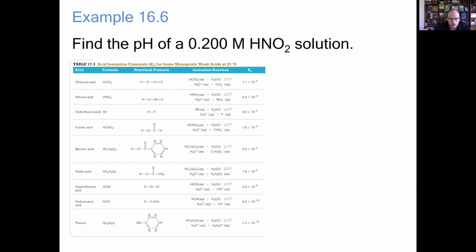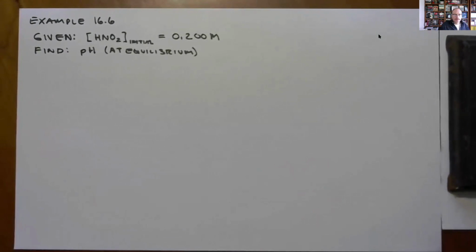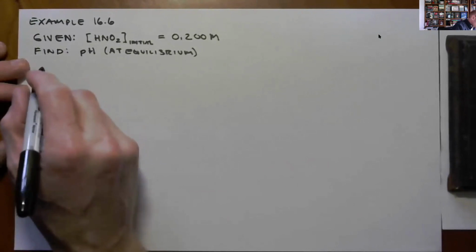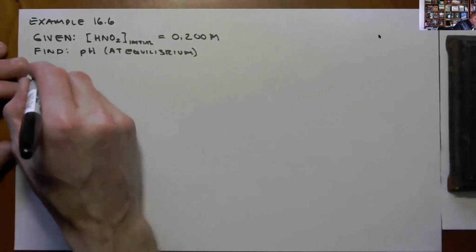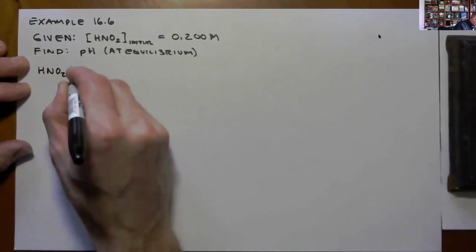So example 16.6, here we're asked to find the pH of a 0.200 molar nitrous acid solution. So we're given this initial concentration. Find the pH at equilibrium. Well, we're going to get the pH from solving the equilibrium problem.